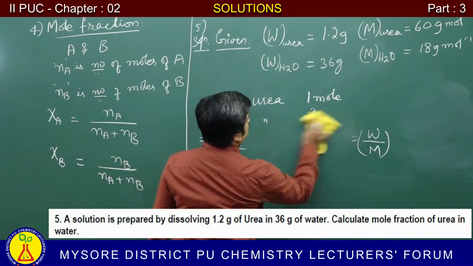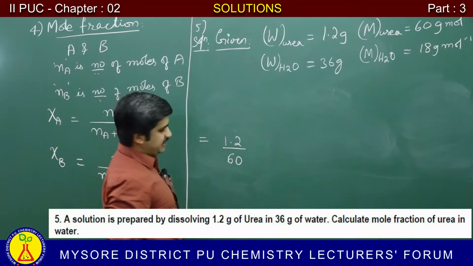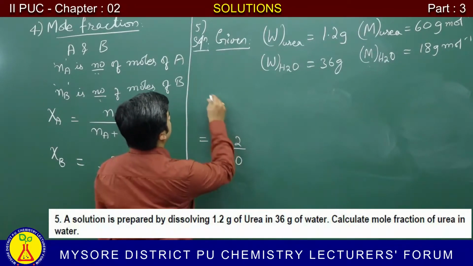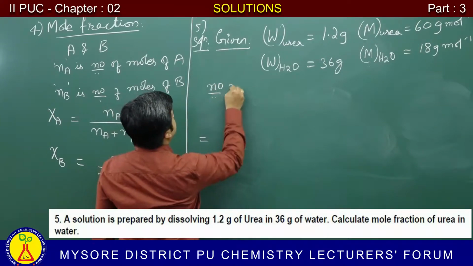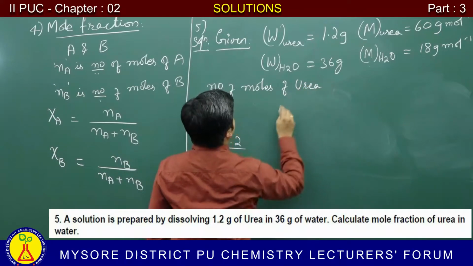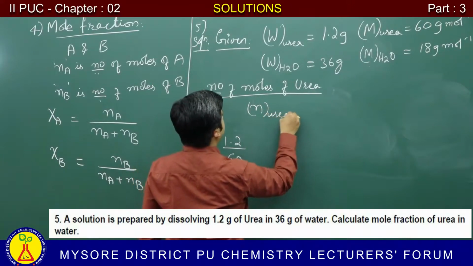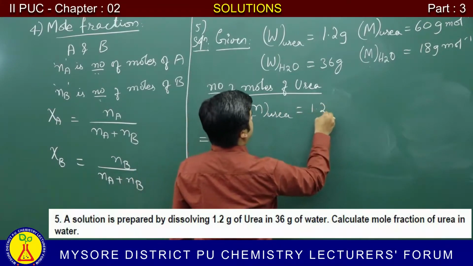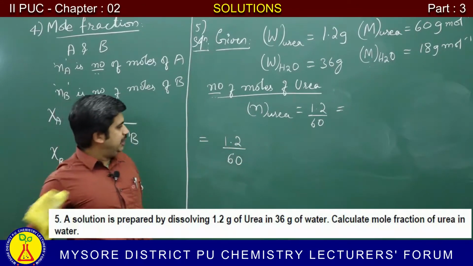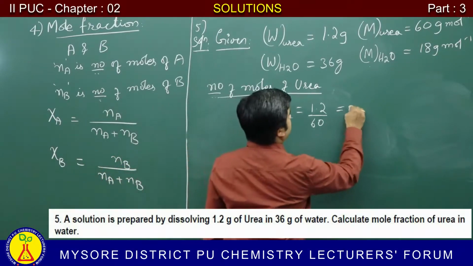So, how much do we get? Number of moles of urea is equal to 1.2 divided by 60. This is 0.02.